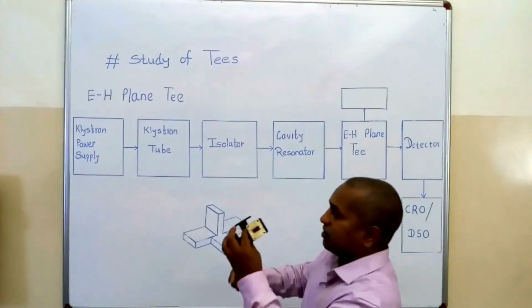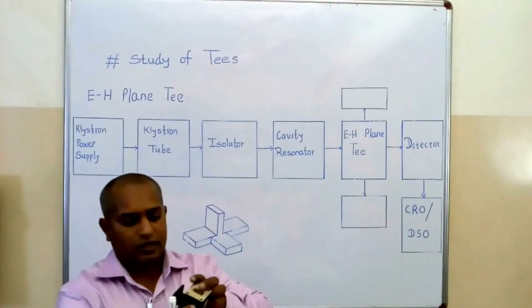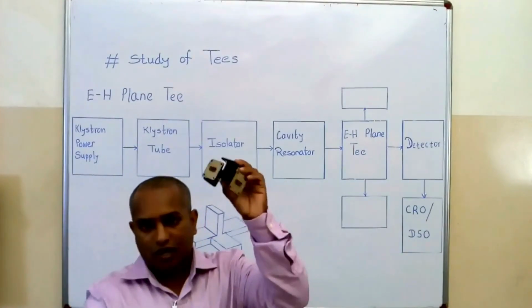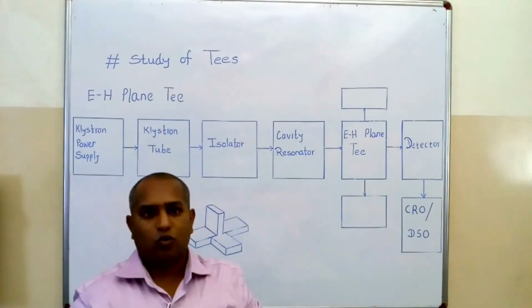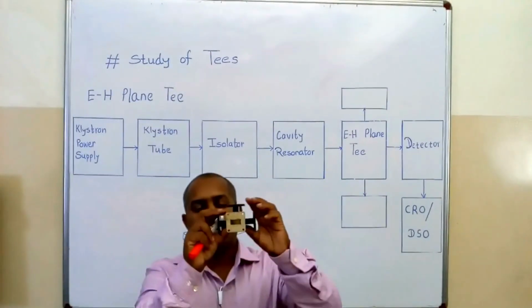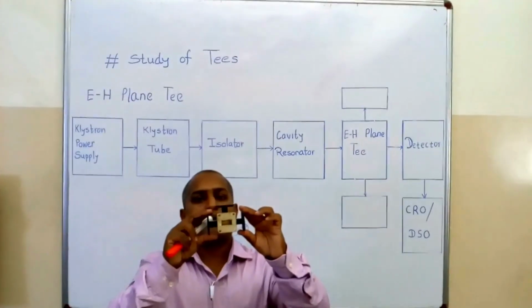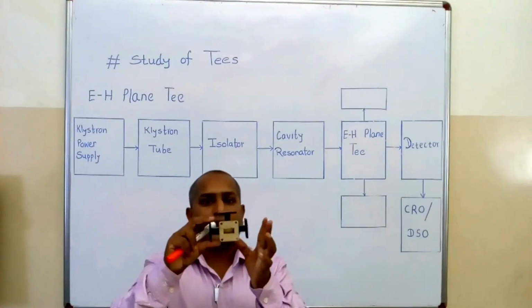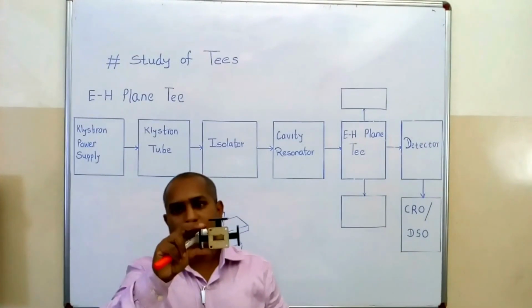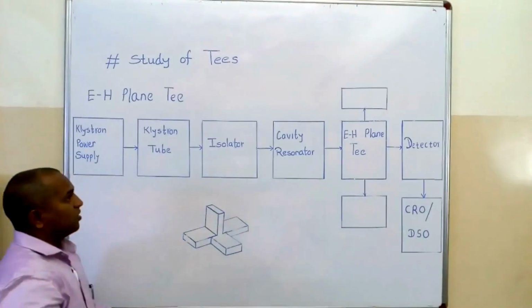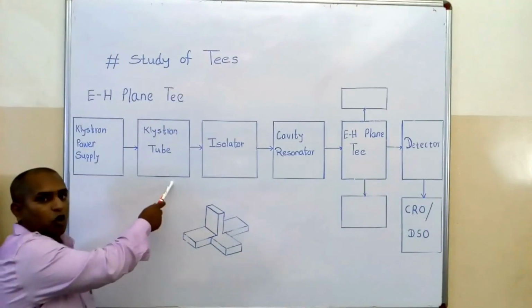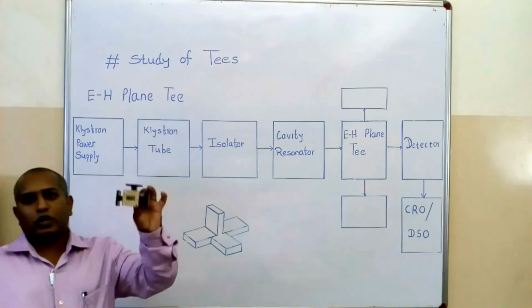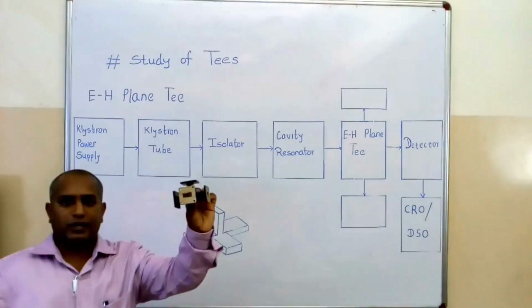So if I place this EH-plane T as the device under test, we will get the working and we will get parameters related to the port characteristics of EH-plane T. So this is our simple block diagram related to the port characteristics of EH-plane T.